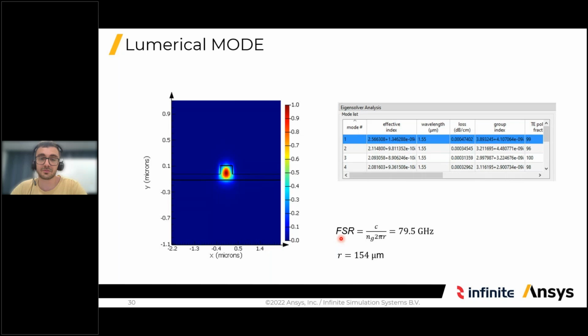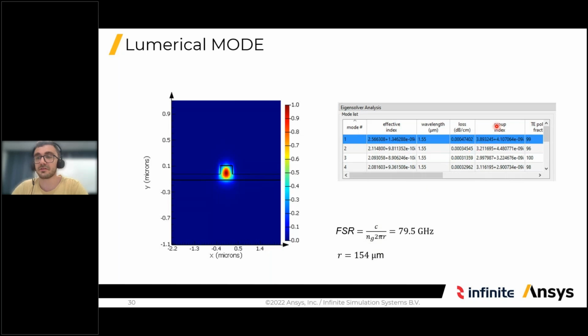We want to have a free spectral range of 79.5 gigahertz. The free spectral range is the distance between two different resonance frequencies, so the frequencies that get filtered out. The free spectral range is equal to the speed of light divided by the group index times 2 pi times the radius of the ring.